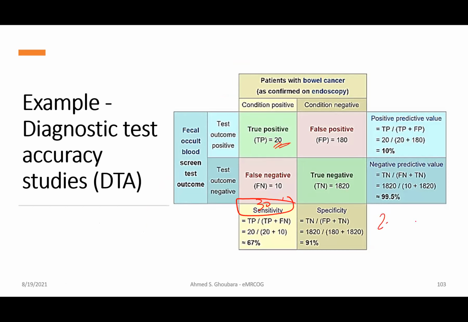So 20 divided by 30, which is 67%. This means that the sensitivity of this test is 67%. The ability of the screening test to detect disease is 67% compared to the gold standard.